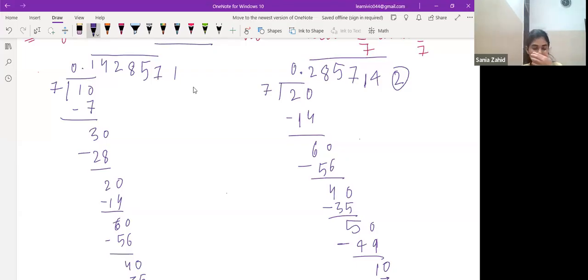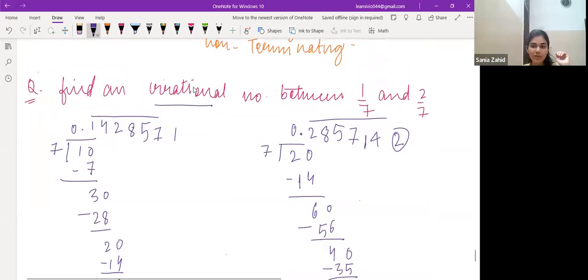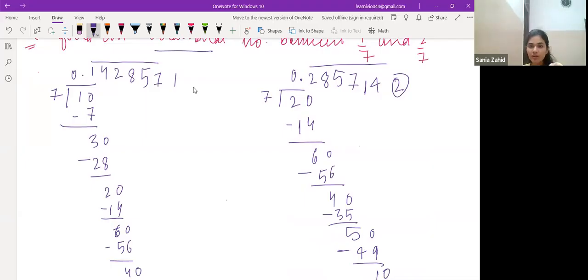Abdullah, we are doing this question. Find an irrational number between 1 by 7 and 2 by 7. So we found out the decimal expansions first of 1 by 7 and 2 by 7.